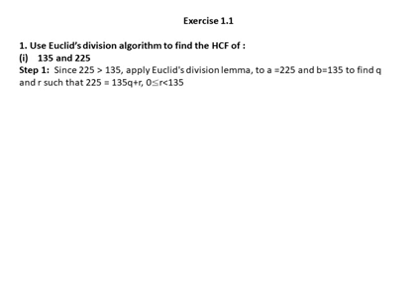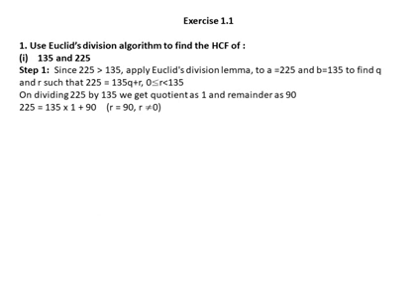The r value will come from 0 to less than 135. By dividing 225 by 135, we will get the quotient is 1 and remainder is 90. We can write this as 225 is equal to 135 into 1 plus 90. 90 is the remainder.